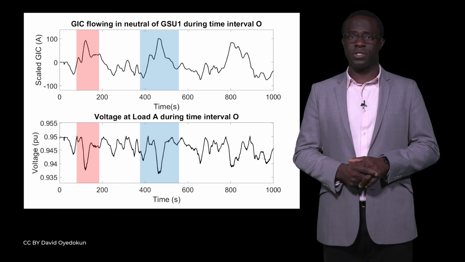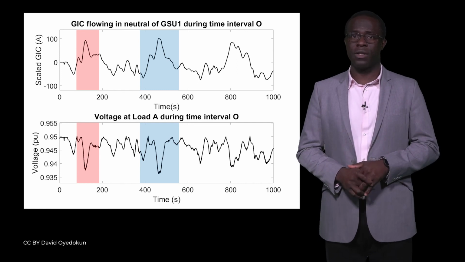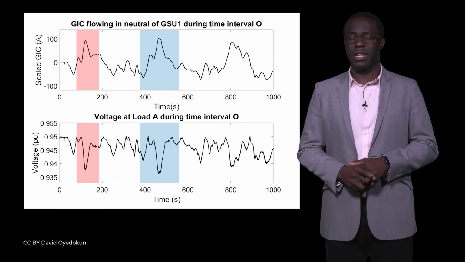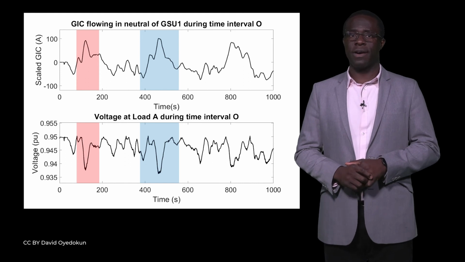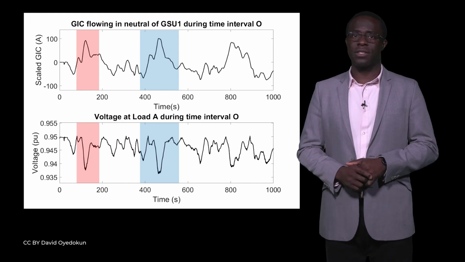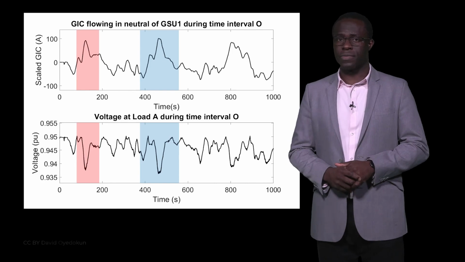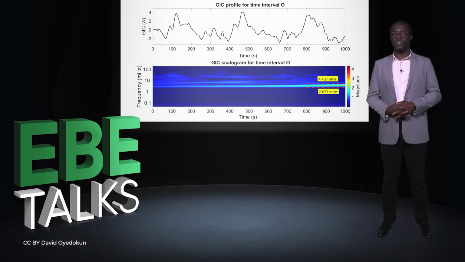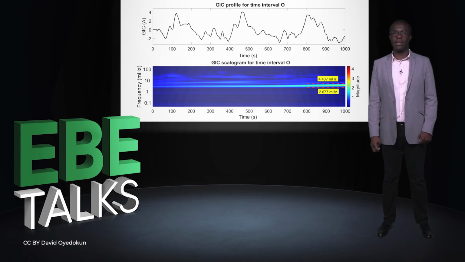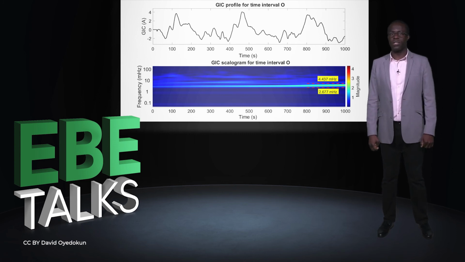These sharp voltage drops, however, are not associated with high-frequency components, but instead with relatively lower frequency components that arise due to pulsation driving. We have shown that moderate to severe voltage instability is positively correlated to high frequencies, such as during the sudden storm commencement and geomagnetic pulsations.